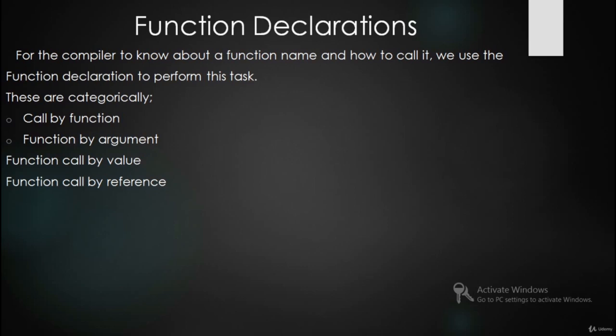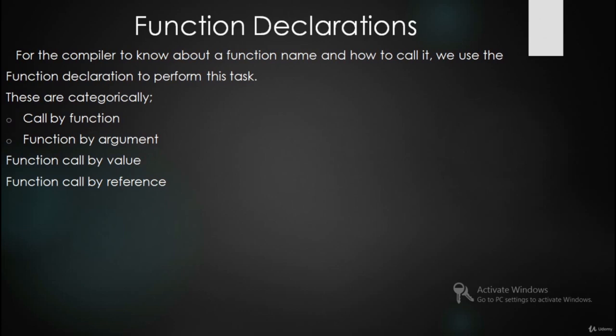Okay, now that we learned something about call by function, let's go to function by argument. Now, if a function is using arguments, there must be a variable declaration that accepts the value of the argument.